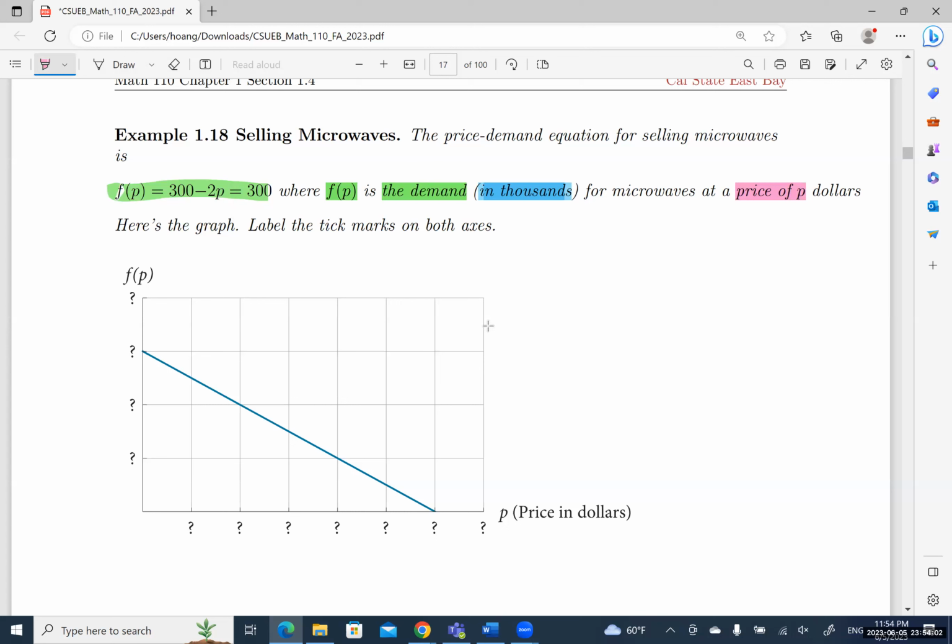So we need to label the tick marks on both axes, right? So basically we want to find the values here.